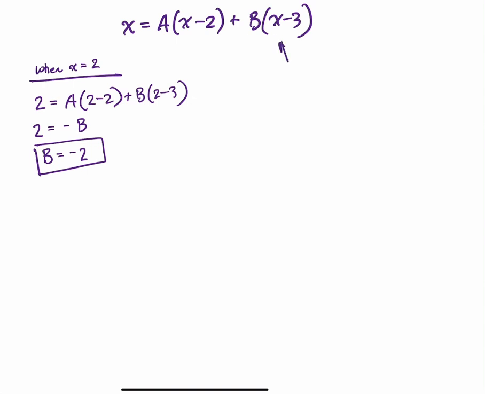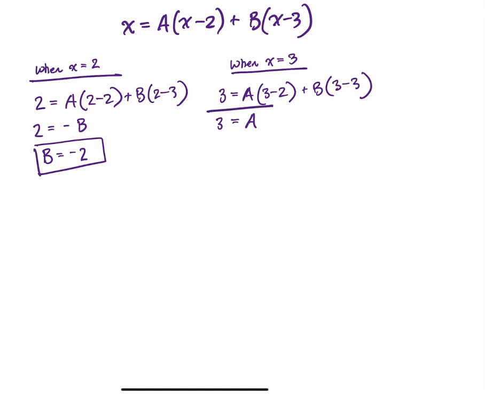If we plug in positive 3, that will allow us to solve for a. So I'll say when x equals positive 3, this will give us 3 is equal to a times 3 minus 2 plus b times 3 minus 3. So 3 equals 1a plus 0b. And that gives us our a value of 3.